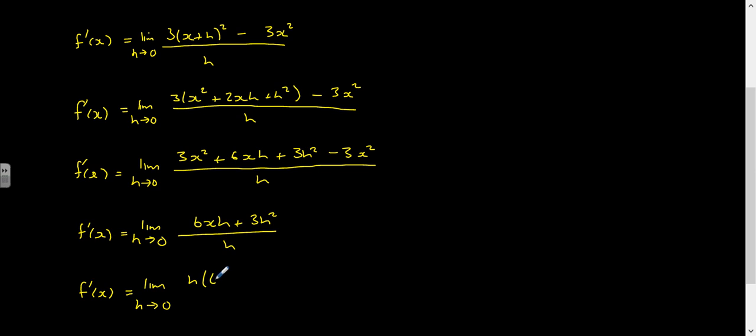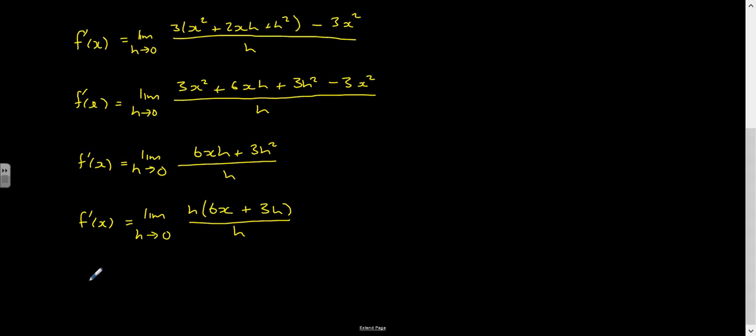So we have h multiplied by (6x plus 3h), divided by h. Keep going, lots of lines of work in here, but you're very handsomely rewarded for this in an exam. We're going to do h divided by h, which just cancels, effectively divided by h equals 1. So we end up with 6x plus 3h.